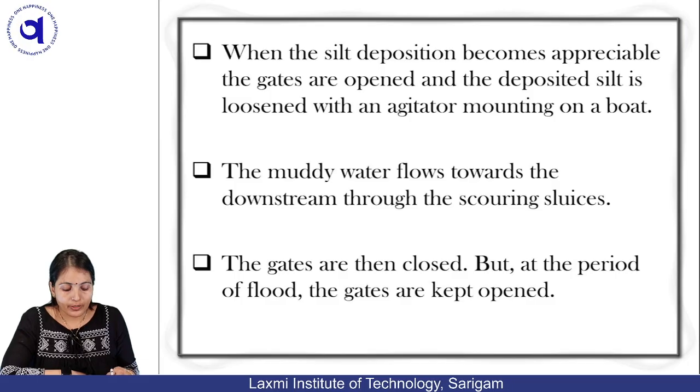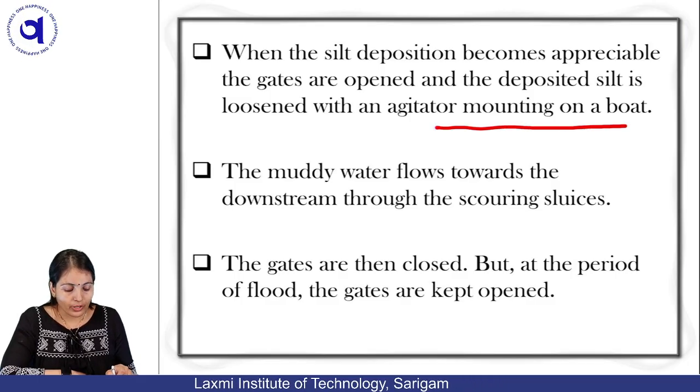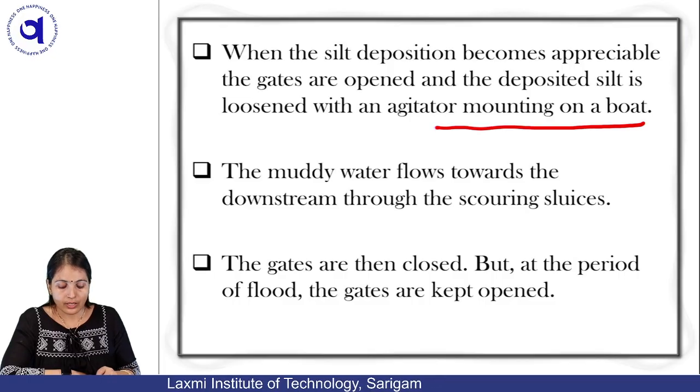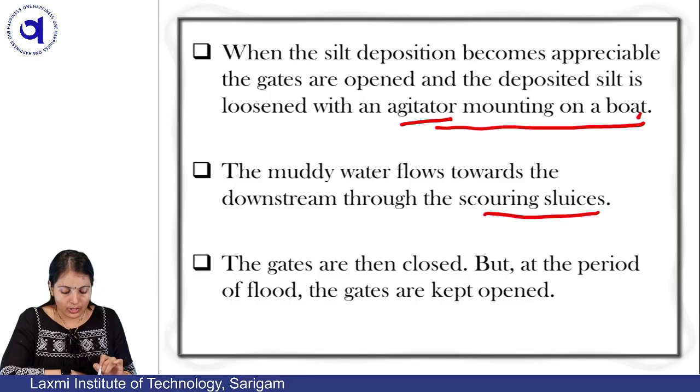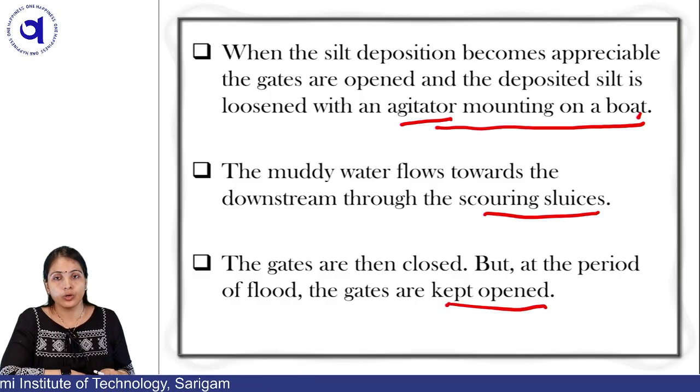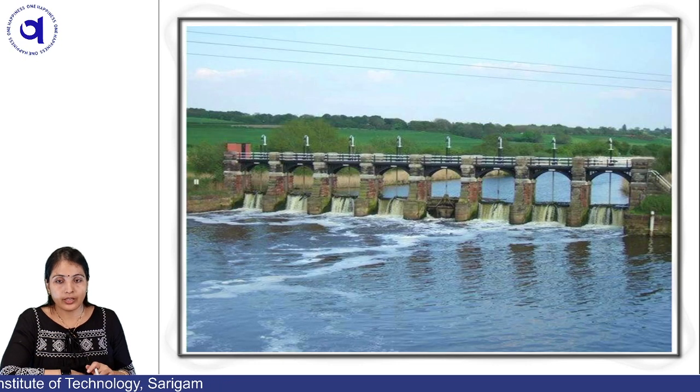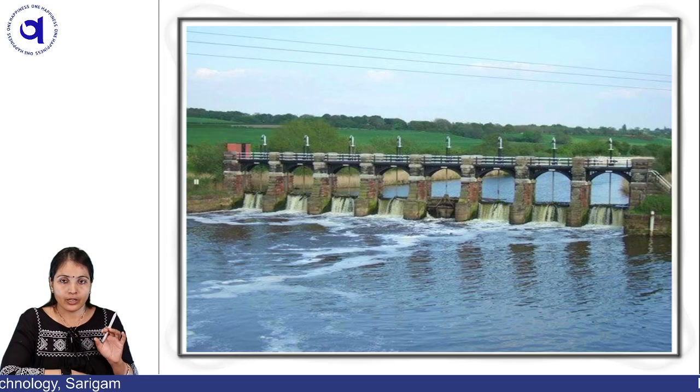When the silt deposition becomes appreciable, the gates are opened and the deposited silt is loosened with an agitator mounted on a boat. The muddy water flows downstream through the scouring sluice. The gates are then closed, but during floods the under sluice gates are kept open to prevent damage to the weir or barrage.